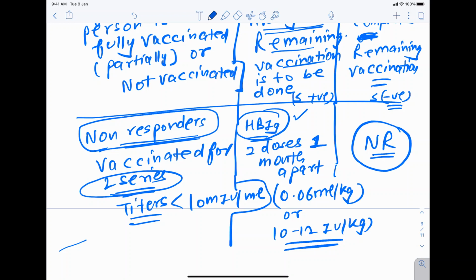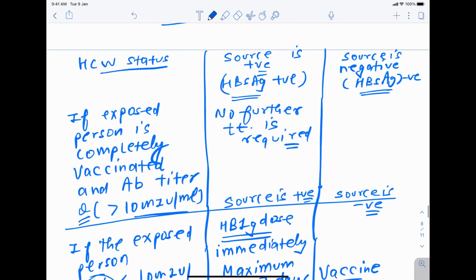Already you have given the vaccination 2 times, still the titers have not risen, they are not protective. So no use of vaccination here, and no use of giving the immunoglobulin also. So this is the post-exposure prophylaxis of Hepatitis B.